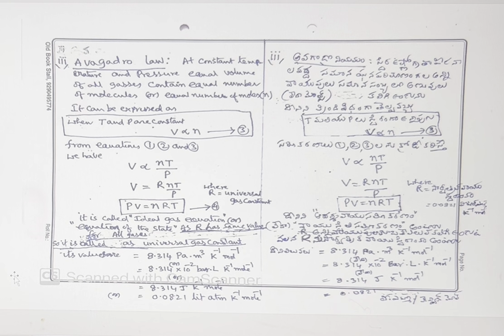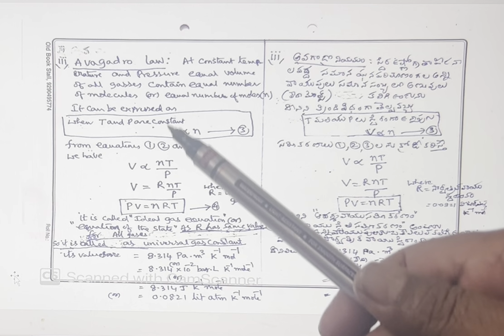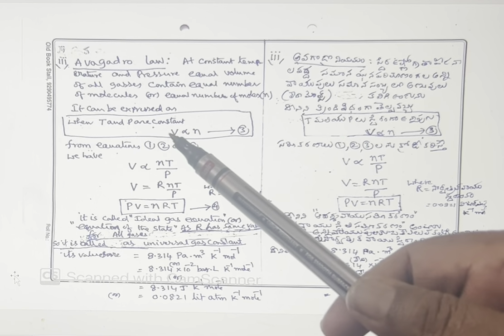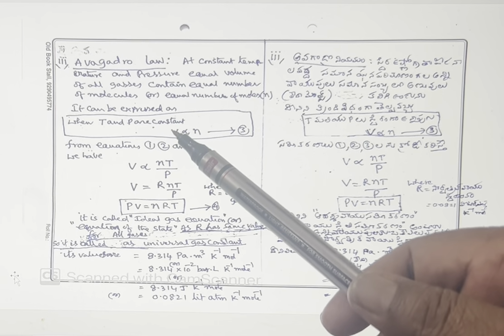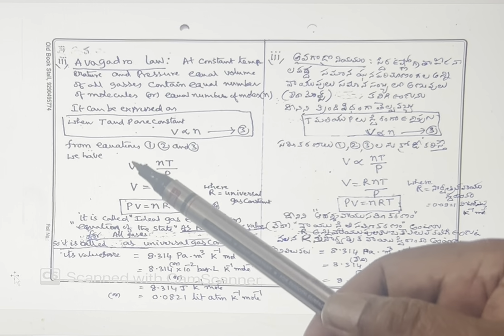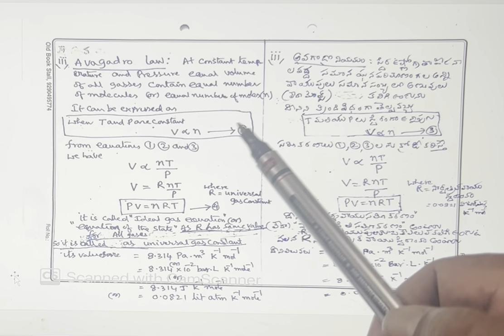When temperature and pressure are constant, V is directly proportional to n. If V is increased, the moles also increase at constant temperature and pressure. This is equation 3.